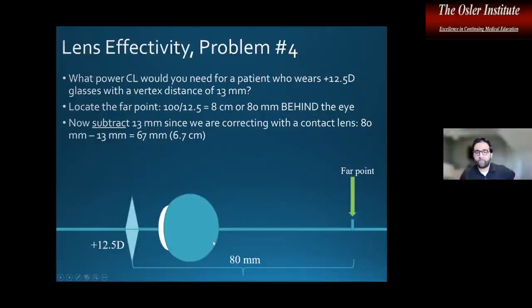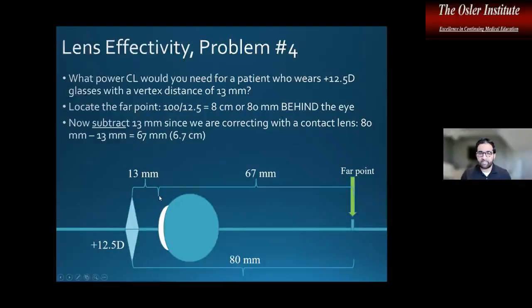Now we basically want to figure out, well, what is this patient's exact far point if we were to put a lens on the eye such that the secondary focal point of that lens matches up with this far point? Well, we have to get rid of this 13 millimeter vertex distance.